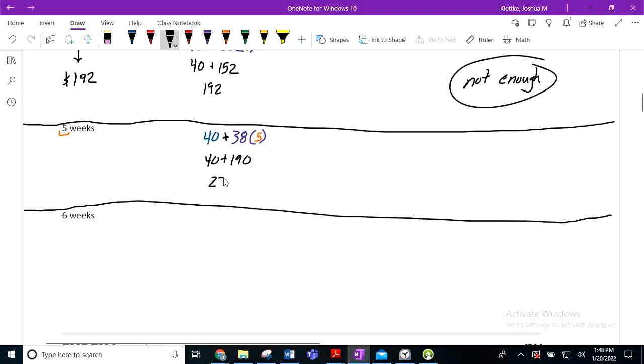So we would have 230. So $230 after 5 weeks. Again, that's just not enough. That's not the $265 we're looking for.